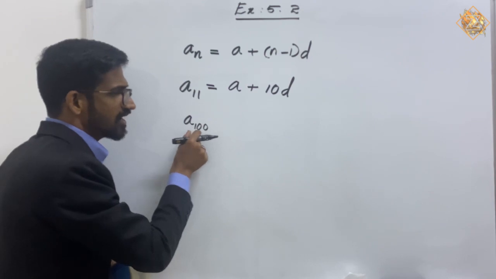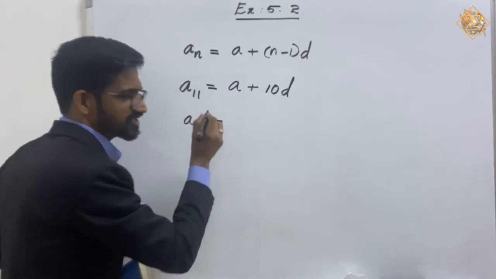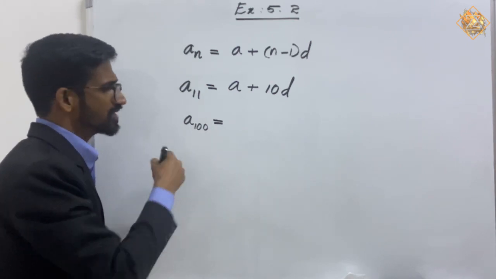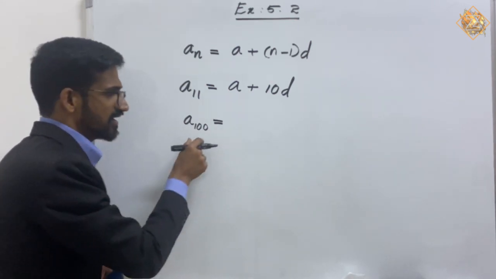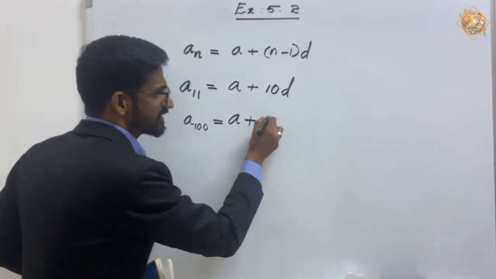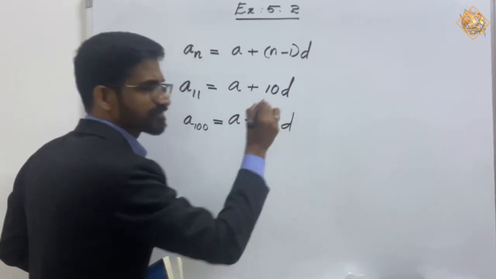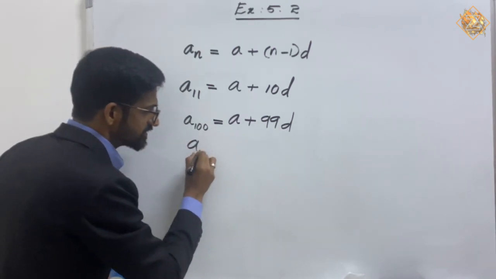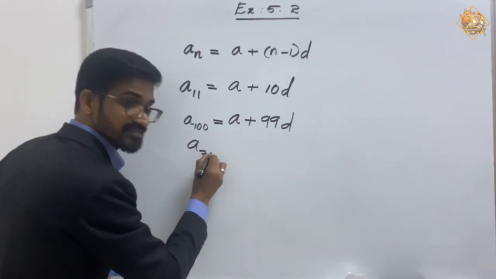Similarly, how can we write A100? The 100th term we can write as A100. How can we expand this? A100 will be equal to A plus 100 minus 1, that is 99D. How can we write the 75th term?